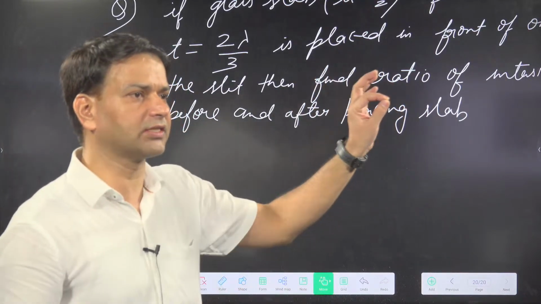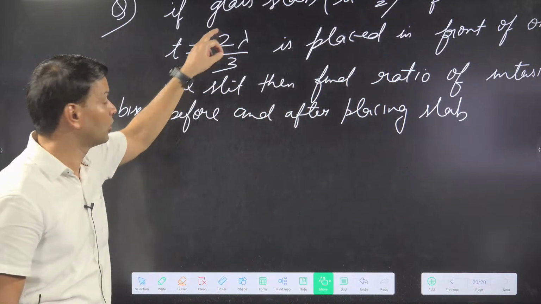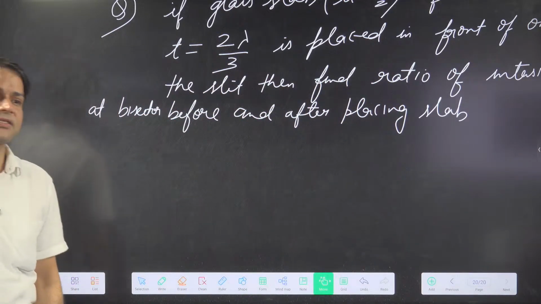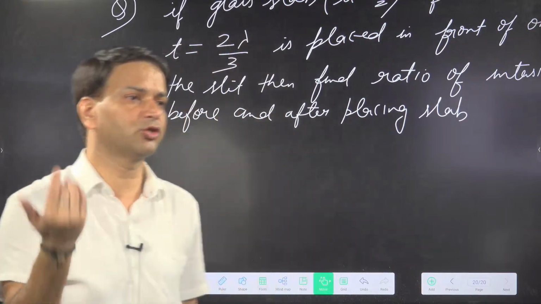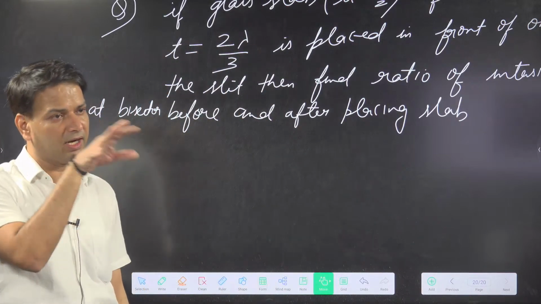They are asking the ratio of the intensity at the bisector before putting the slab and after putting the slab.